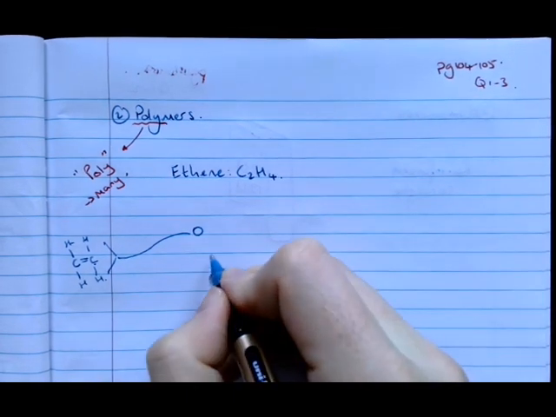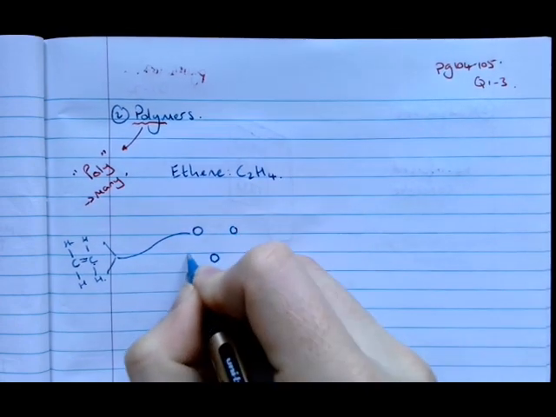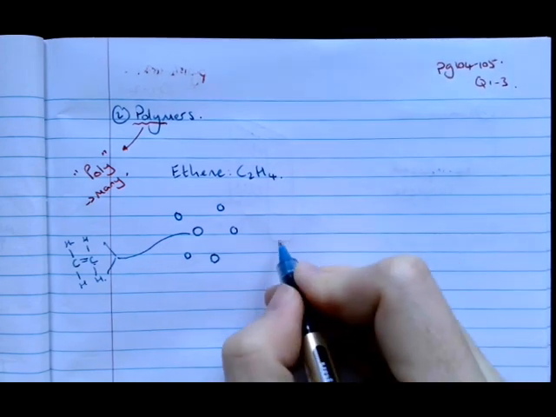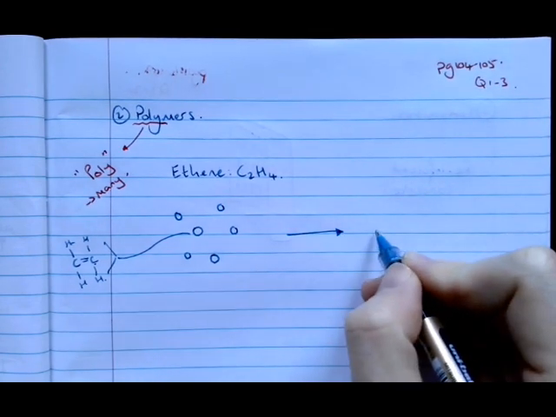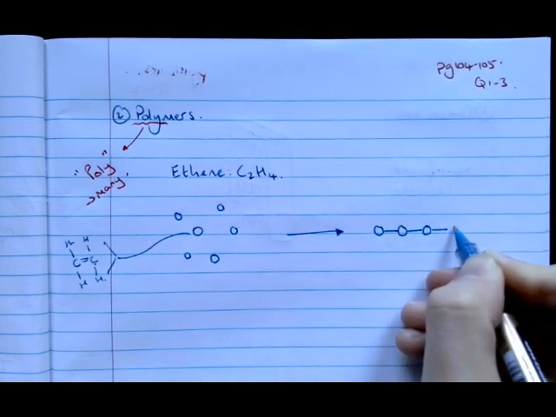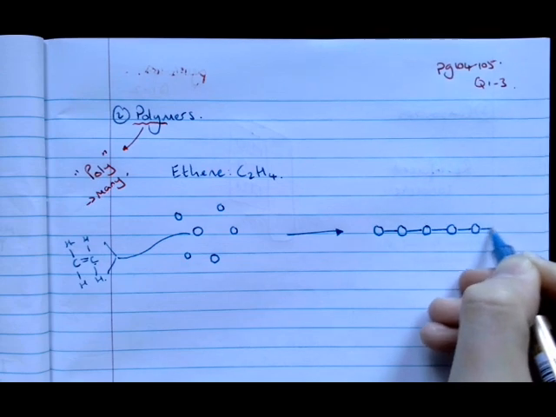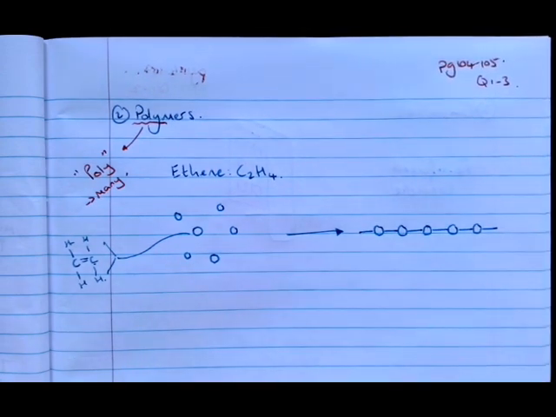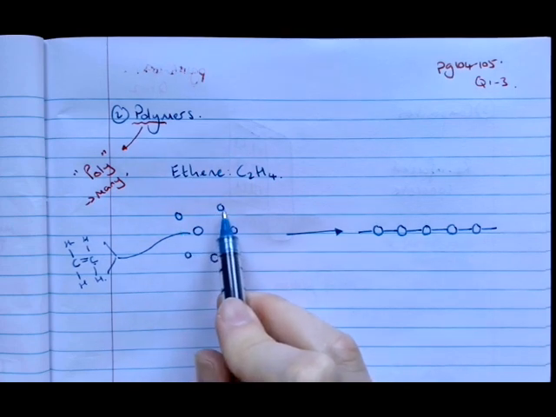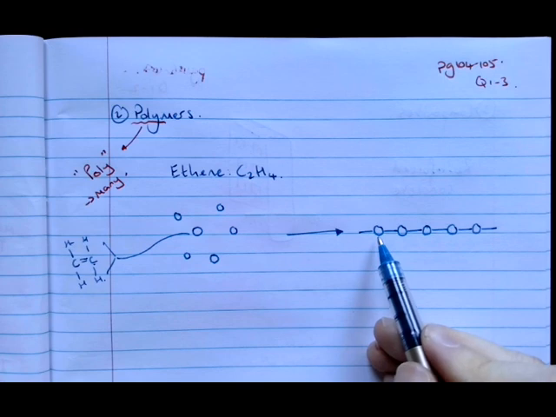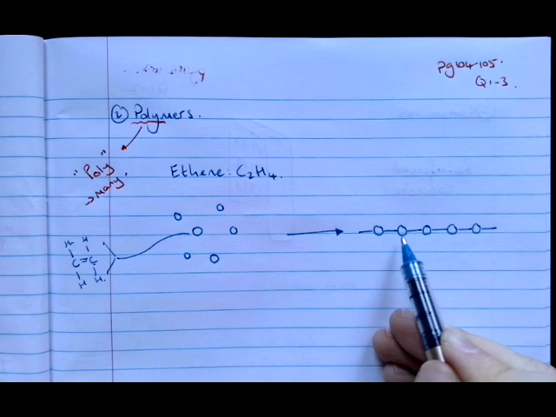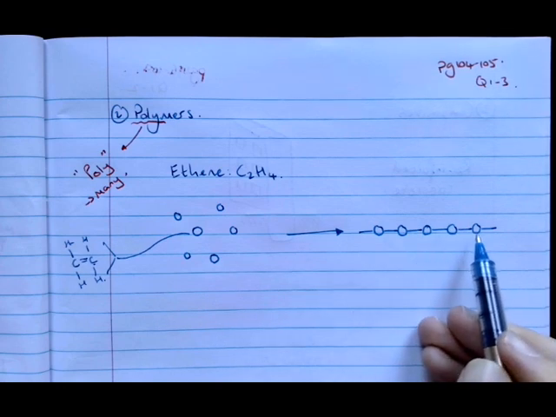Now let's imagine that I've got lots of molecules of ethene. I can join them all together in a chain like this that goes on and on and on. So you see here I have individual molecules of ethene, but here I've joined many individual molecules together into a chain.